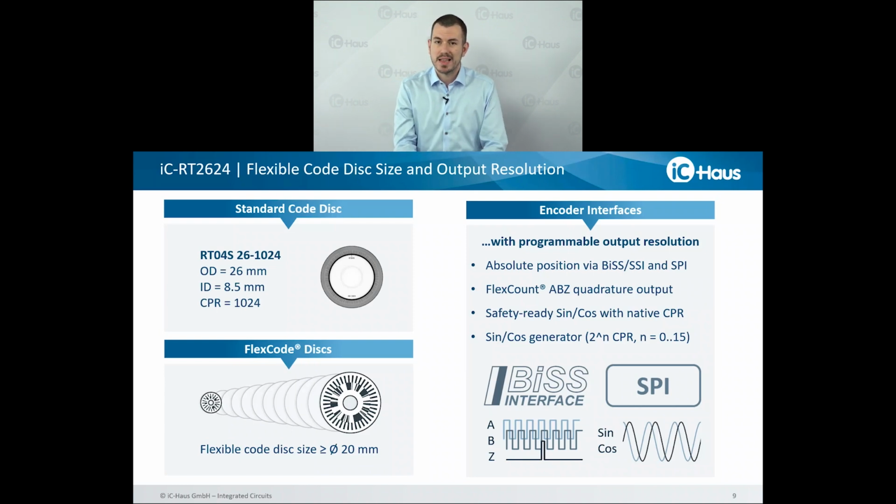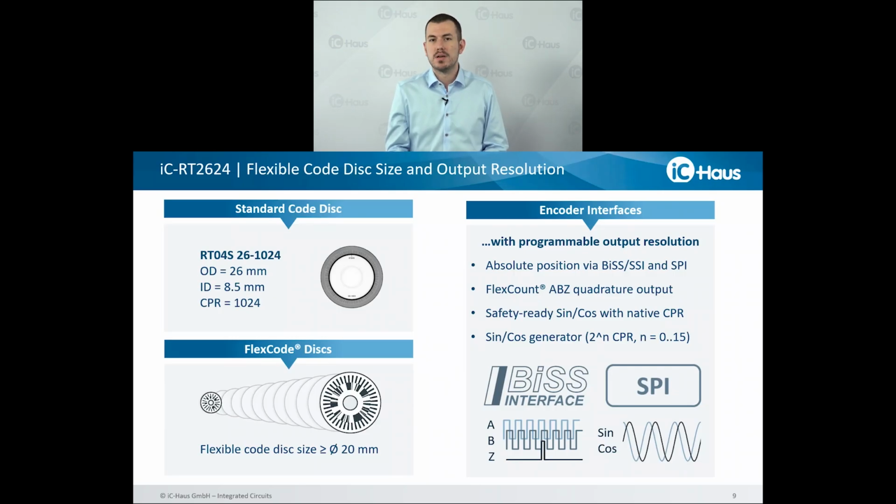And aside from the classic analog sine cosine related to the native resolution of the code disk, we have a sine cosine generator, and this really is an excitement feature. You can just program whichever sine cosine resolution you would like to have, independent of the native resolution of the code disk.